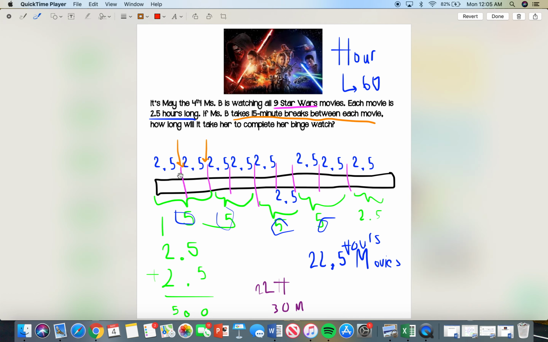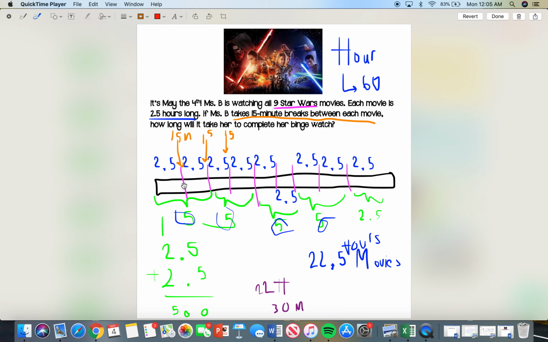Each one of these is a movie, so this is between movies. Since I take 15-minute breaks between each movie, this is going to be 15 minutes, this is going to be 15, this is going to be 15, and so on.